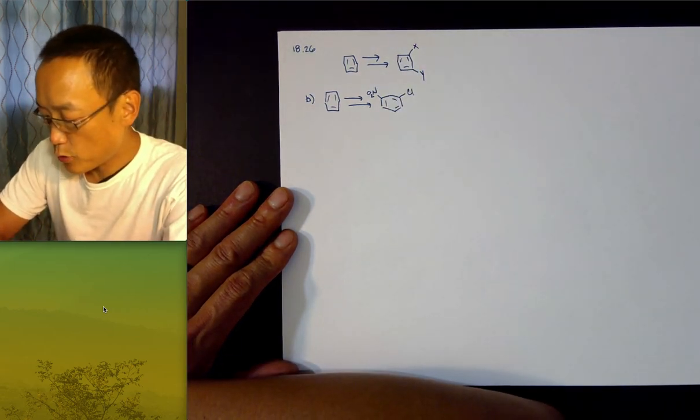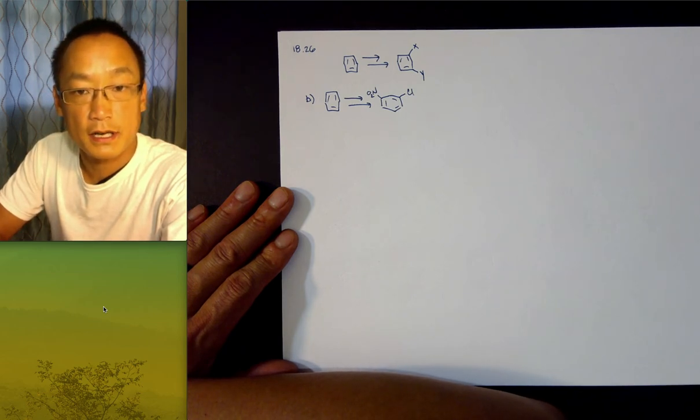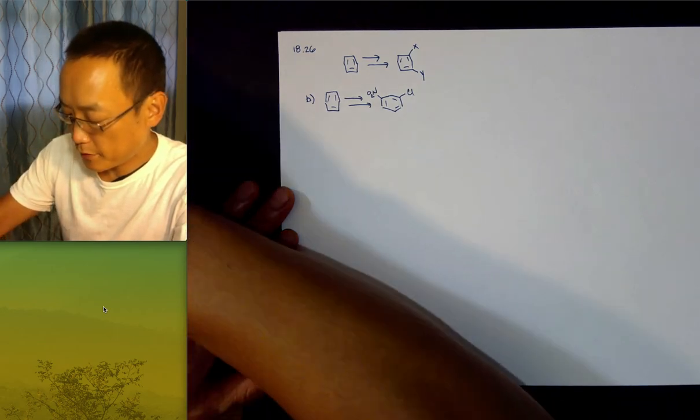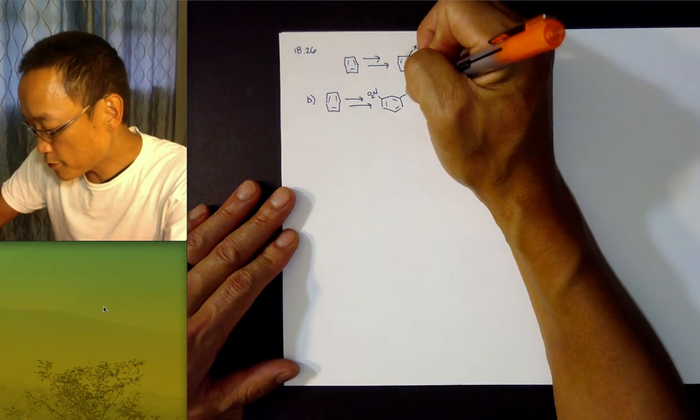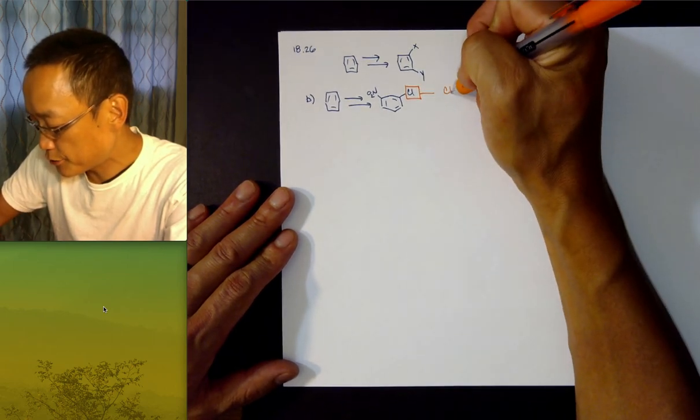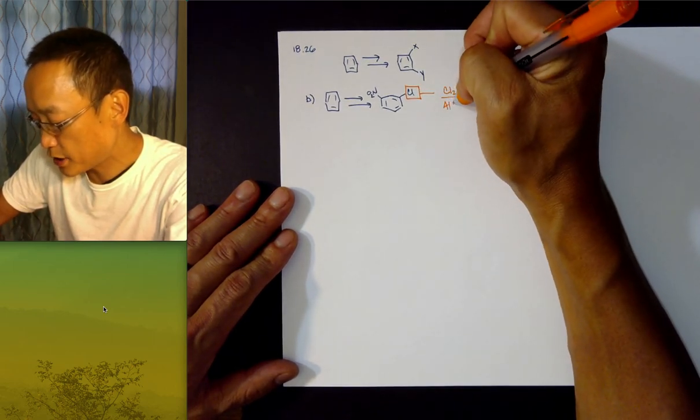And so when I think about this, there are some components that I think about. For instance, in order to install a chlorine, I will need to use Cl2 over AlCl3.